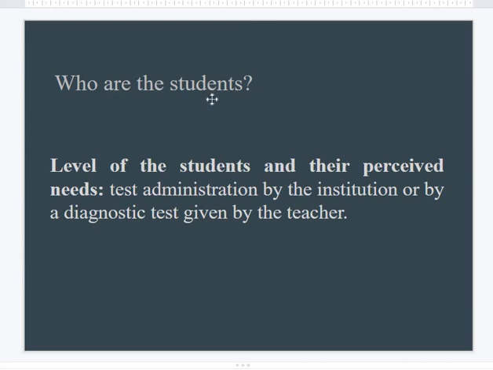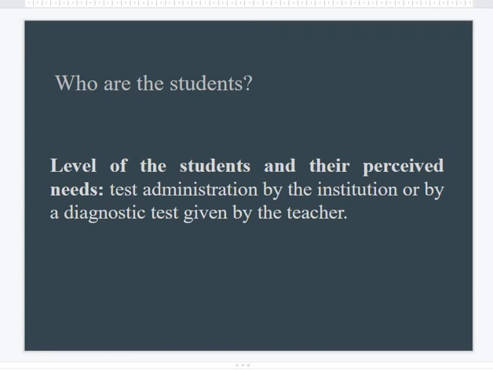It means understanding the level of the students because it is very important, and it is one of the rules of communication that when you are talking to another person, there must be clarity in your voice. You need to talk keeping in mind the level of the listener. So when it comes to teaching, you need to understand the level of the students and their perceived needs.